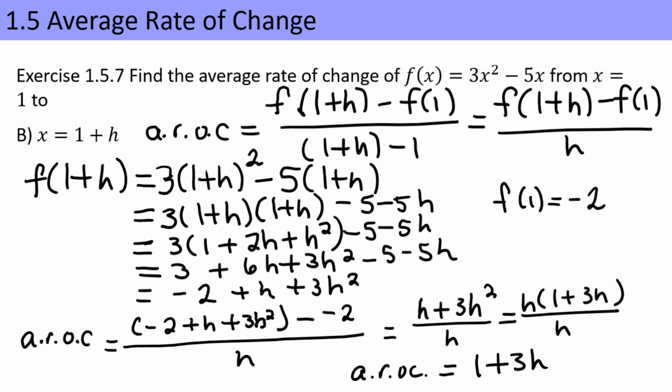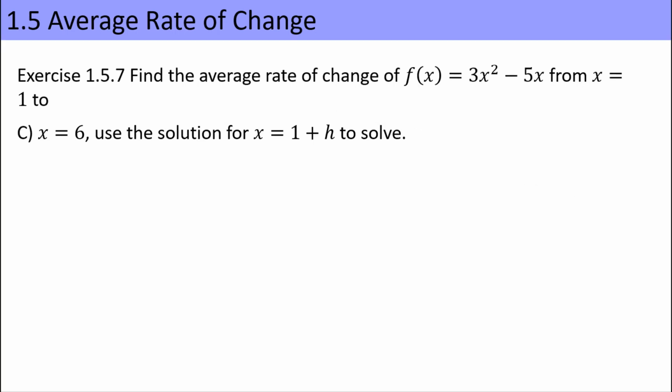Find the average rate of change of f of x equals 3x squared minus 5x from x equals 1 to x equals 6. We are given a hint to use the solution for x equals 1 plus h, which we solved in the previous problem.